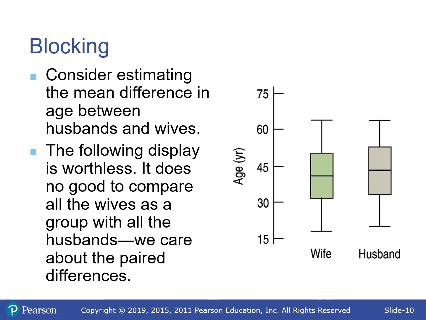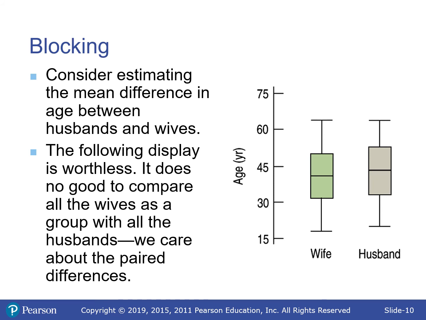So blocking. Well, let's say instead of using matched pairs, we just look at the data separately. So here we have mean differences in ages between husbands and wives. We have the wife's ages and then the husband's ages. Well, the wife's ages are going to vary normally. The husband's ages are going to vary normally. The average age of the people in the community is right around 40.